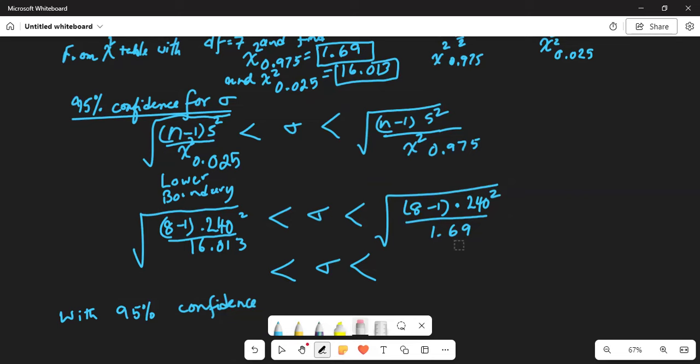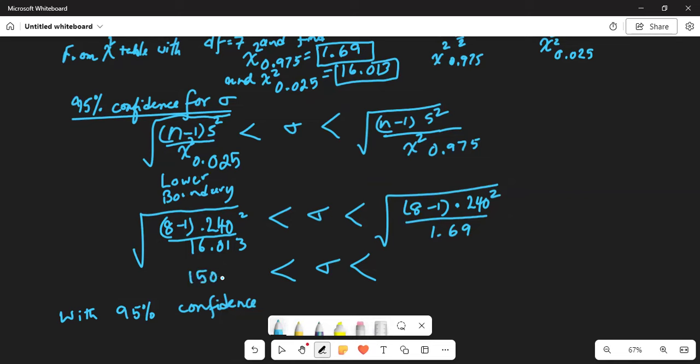So again, to do the calculation correctly, second x square gives me the square root. Inside the square root, 7 times 240, and then square it by pressing the x square, divided by 16.013. And that is equal to 150.68.